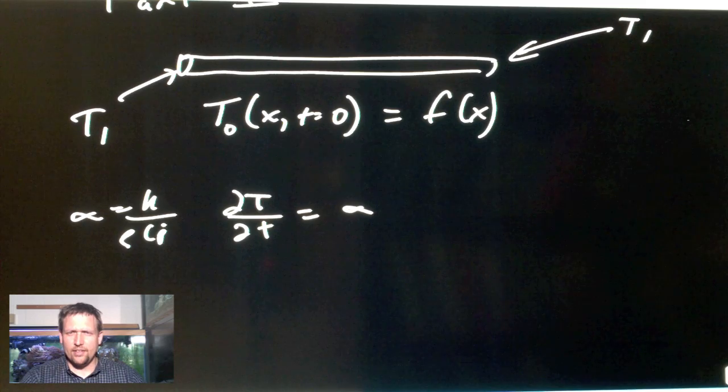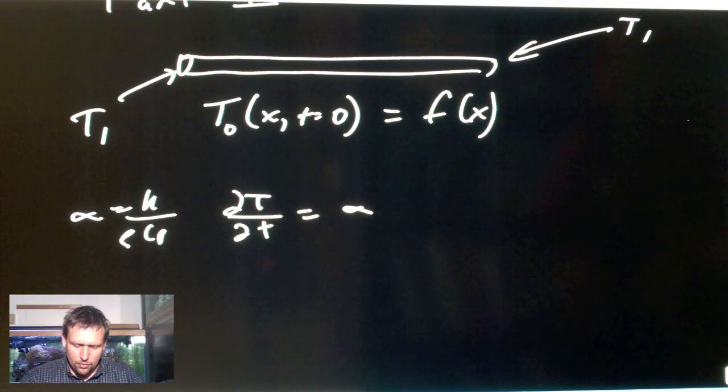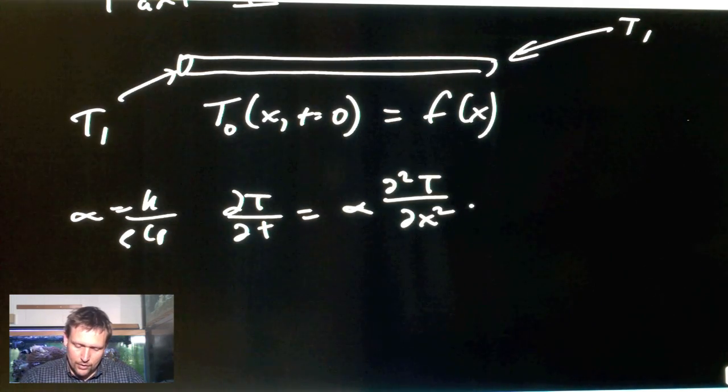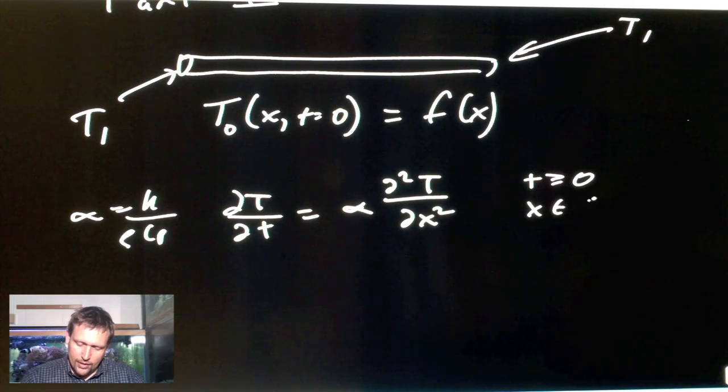If we consider a solid, then the Cp is equal to Cv, or it's a very good approximation for that. So it's thermal diffusivity alpha del squared temperature del x squared. This is going to be for time greater than or equal to 0 and for x within the range 0 and the length of the object L.